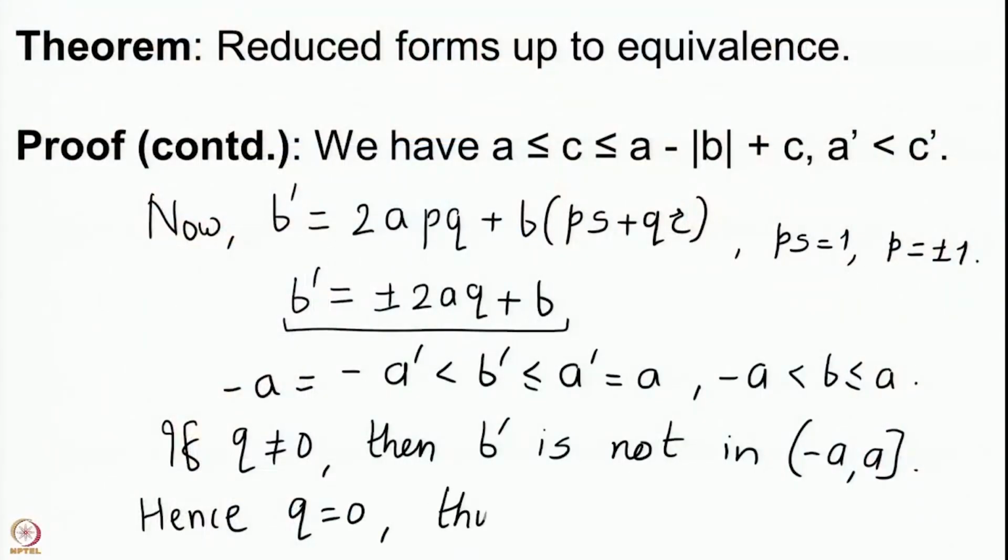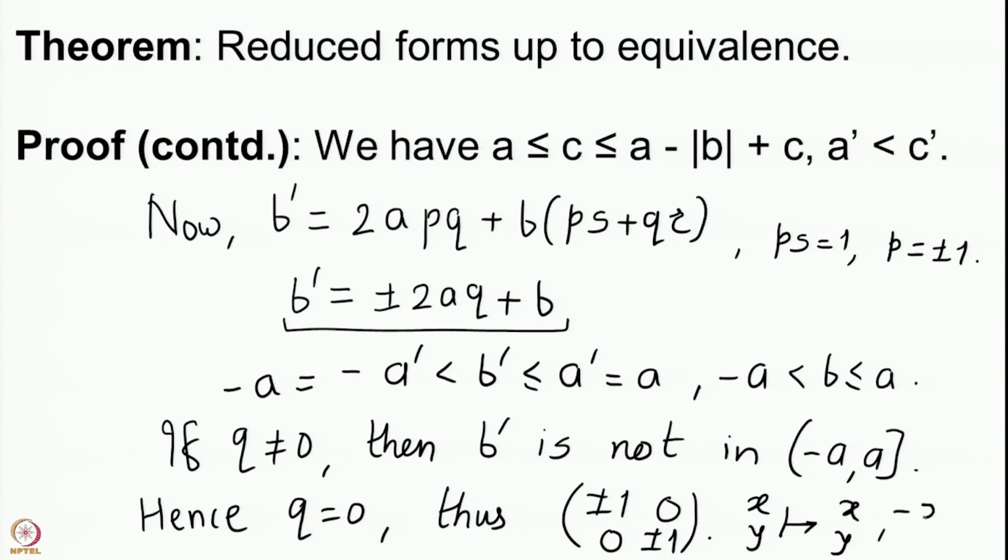Thus, our matrix becomes plus minus 1, 0, 0, plus minus 1. So the allowed changes are x comma y can go to x comma y or to minus x comma minus y, and then we check easily that after applying any of these two changes, the coefficients a, b, c are sent to the same coefficients a, b, c.